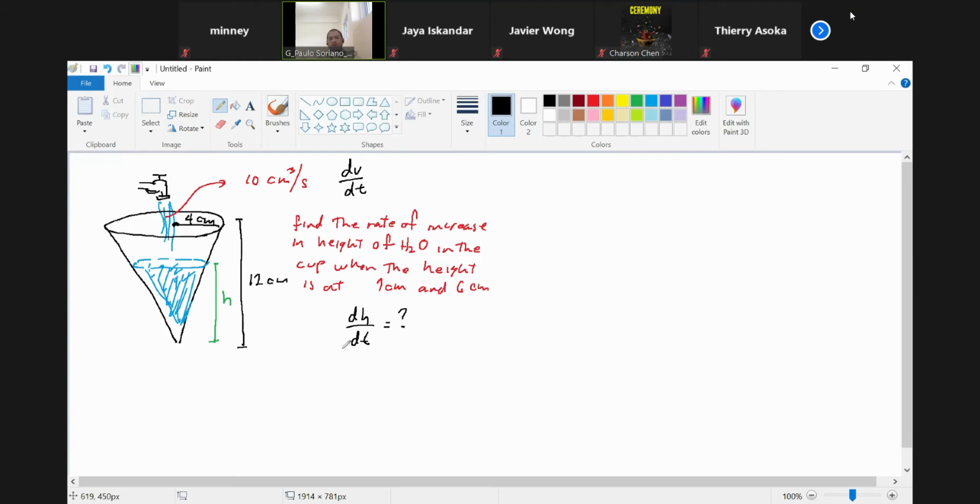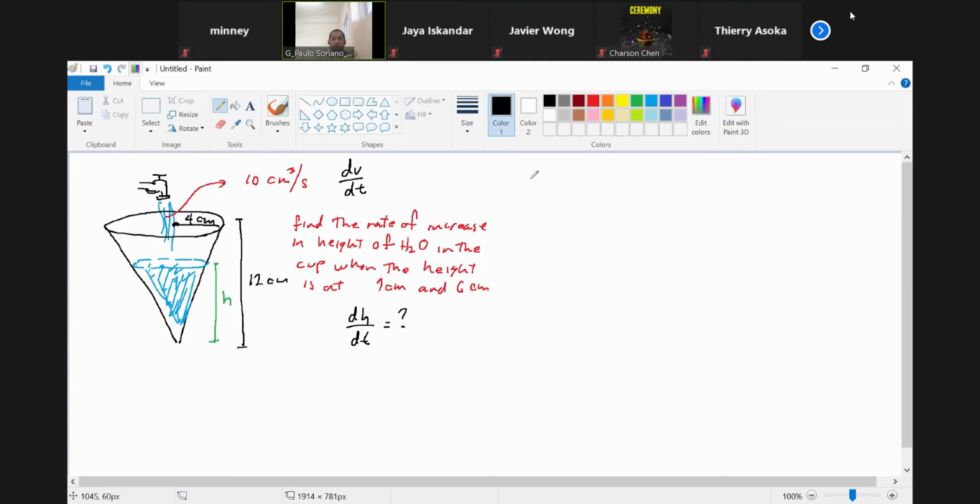Okay? So since we are relating volume with the height, what do we need to compare them? We need to find dV/dH, correct?